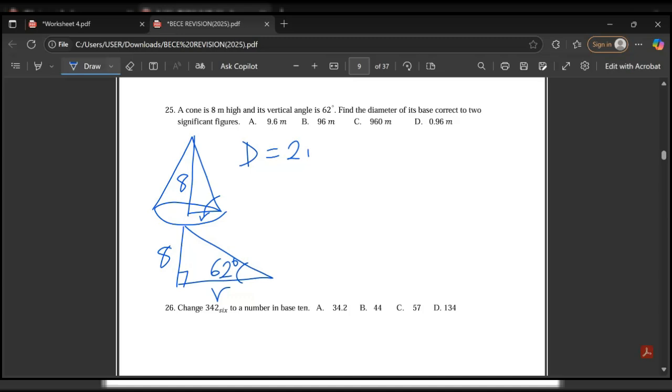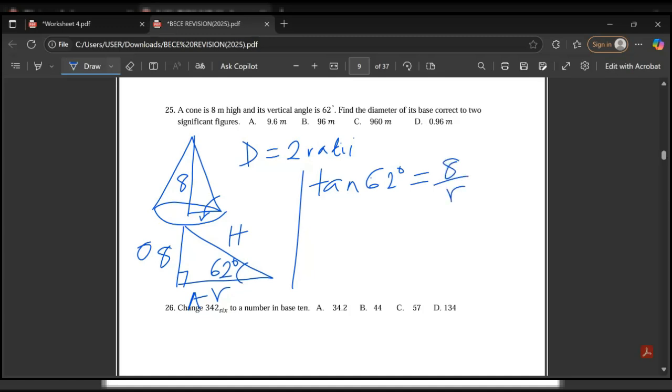From here, we have opposite, hypotenuse, and adjacent. We are making use of tan. So tan 62 degrees equals 8 over r.